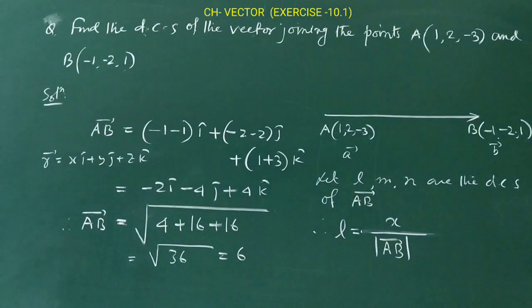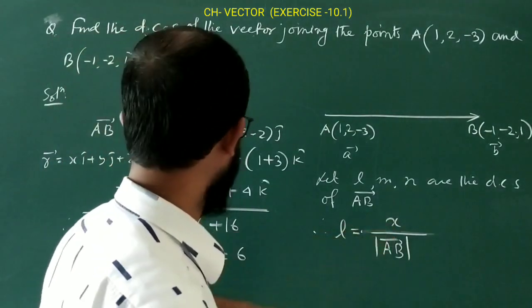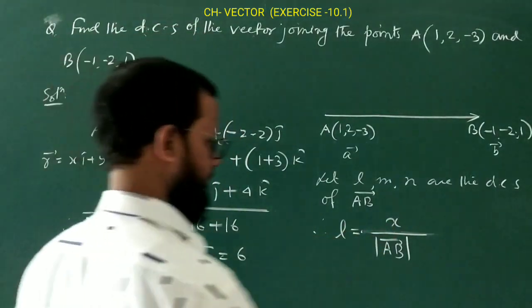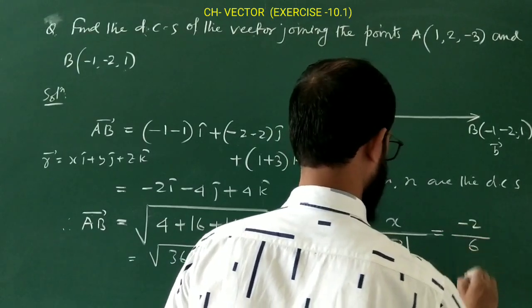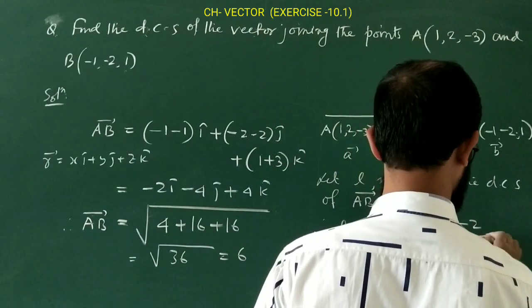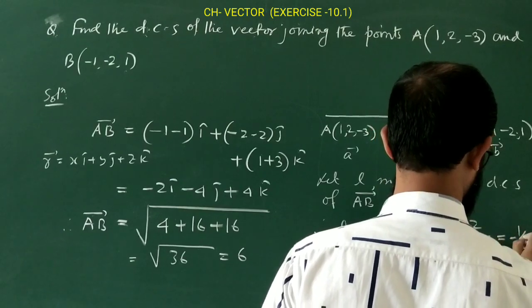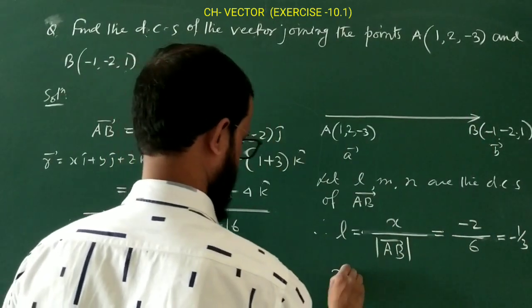So here l equal to what, x, x means what in this case, what, minus 2, and magnitude of AB vector is equal to what, 6. Finally you get minus 1/3. What is m?